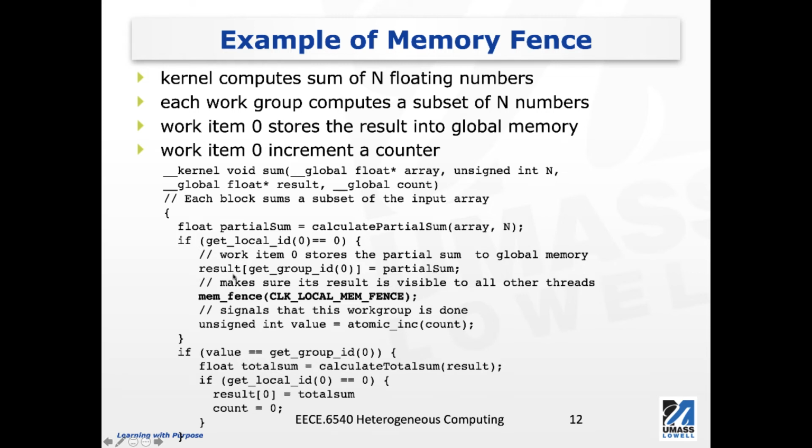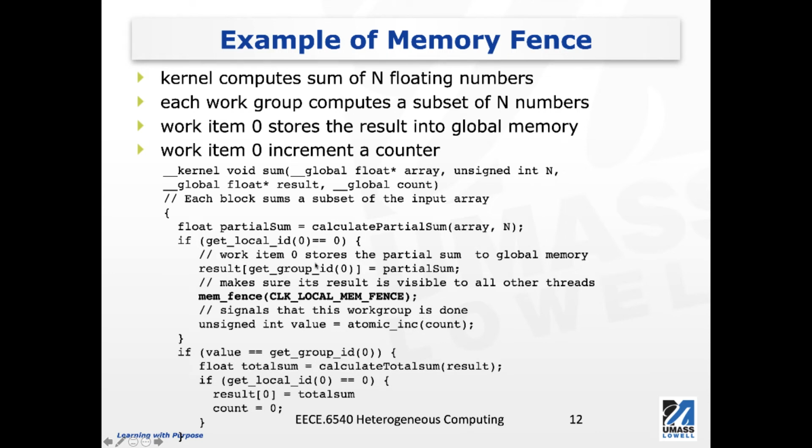Note that this is in the global memory. And let's ignore this memory fence instruction for now. After this assignment to store the partial sum into this result buffer in the global memory, we will increment the counter in the global memory to say that this work group is done.